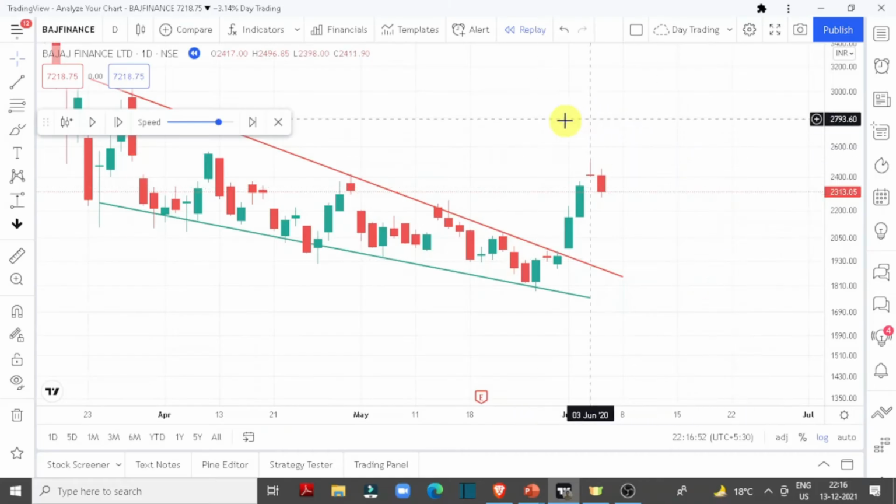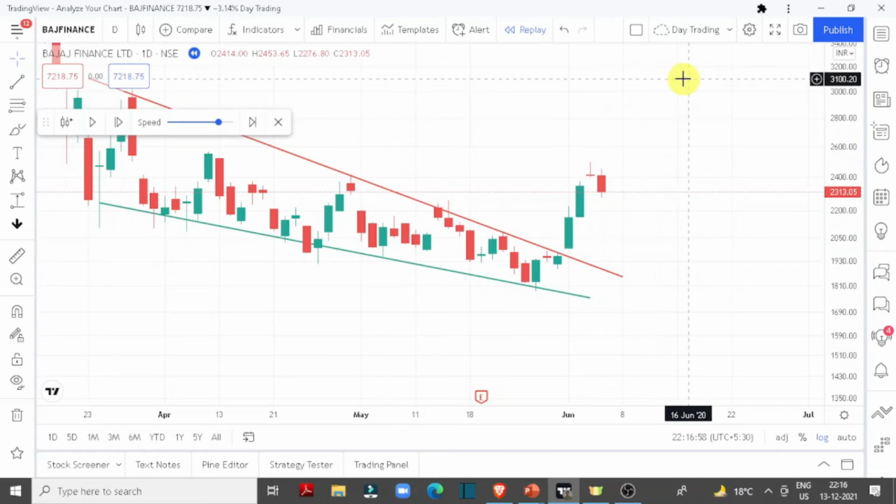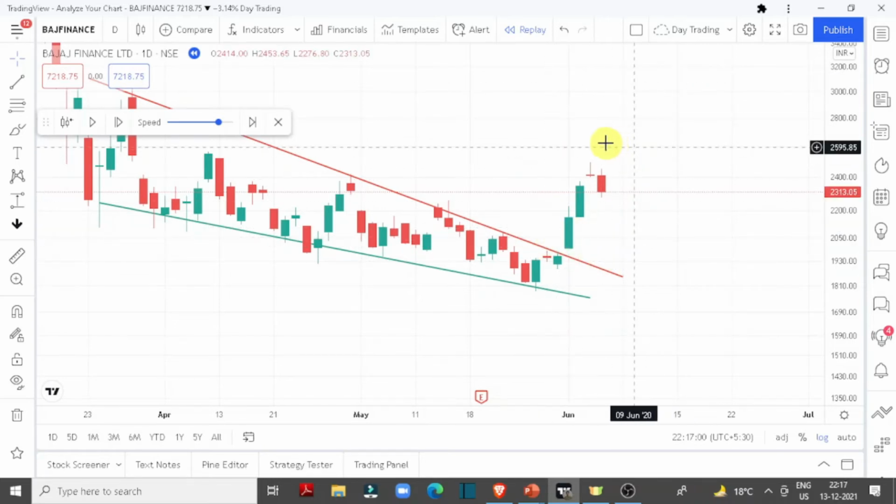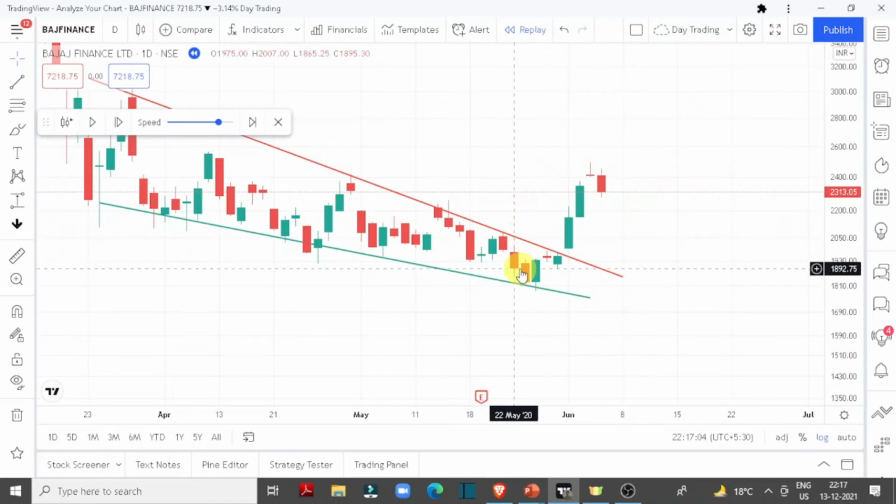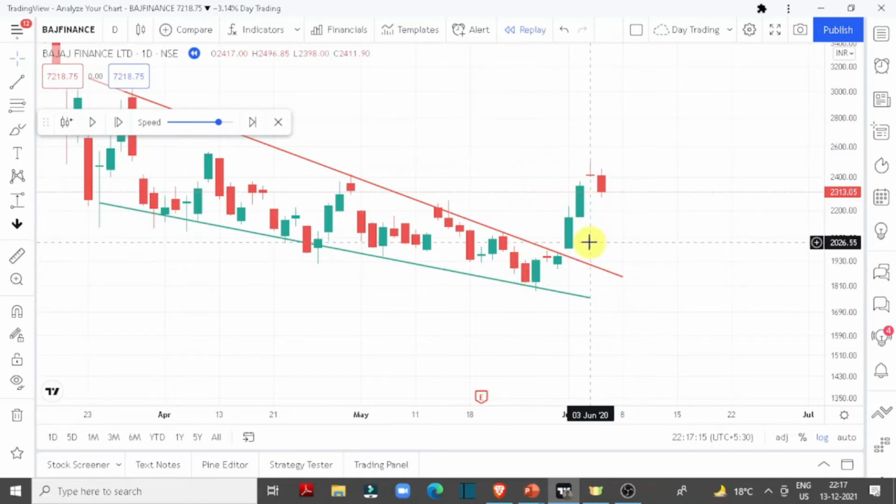But it has a disadvantage as well, because if you wait for 2-3 more candles, then the stock may go up dramatically and you may miss the opportunity to profit. So it's always a trade-off between identifying signals early on and identifying good signals with confirmation. If you wait for confirmation, then sometimes you may lose an opportunity to profit. I hope this is clear to you.